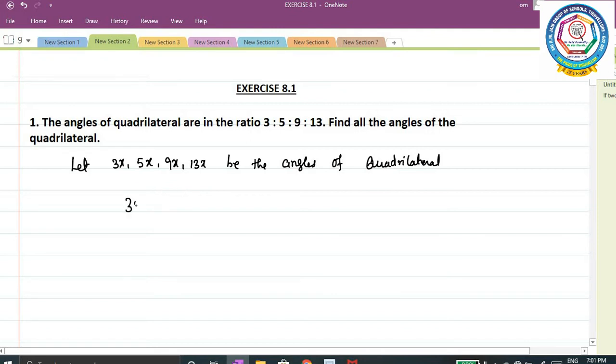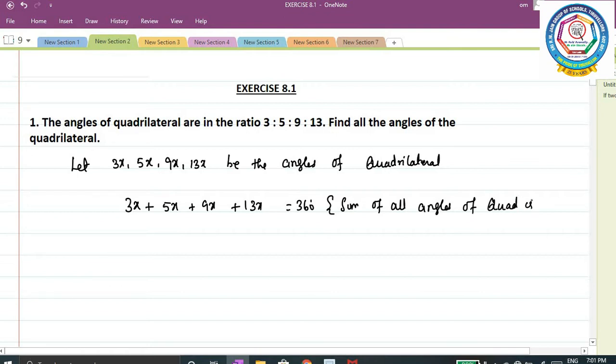So 3x plus 5x plus 9x plus 13x equals 360 degrees. Sum of all angles of a quadrilateral is 360 degrees. So we have to add these.